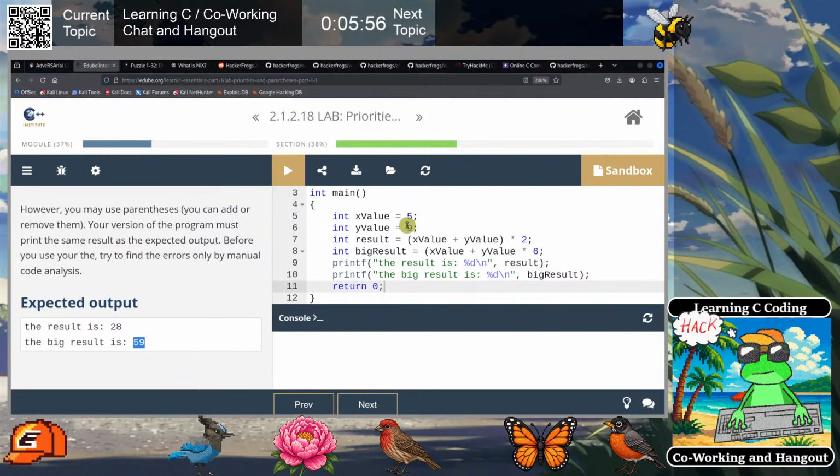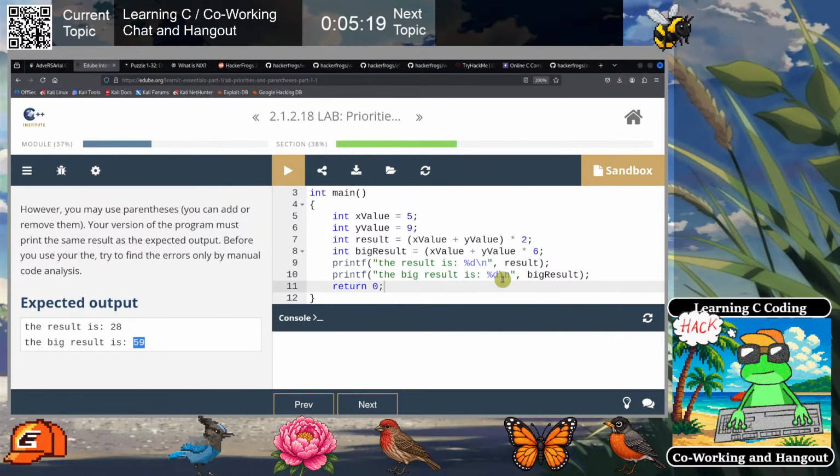So we need 5 and 9 and 6, and we need to arrive at 59. So maybe, where can we put our parentheses? 5 times 9 is 45. 45 times 6 is way too much.